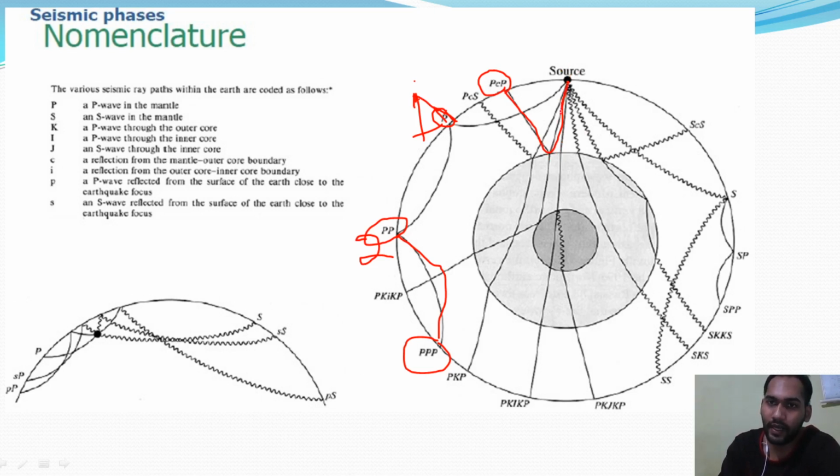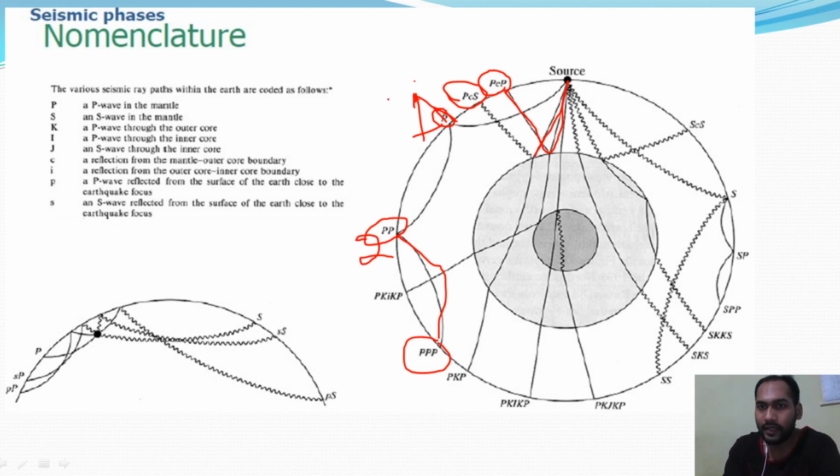If it is coming as P, reflected from the mantle outer core boundary and going as S, here it is traveling as S, came as P, reflected, and it is converted to S, which is traveling through the mantle. That becomes PCS, right?